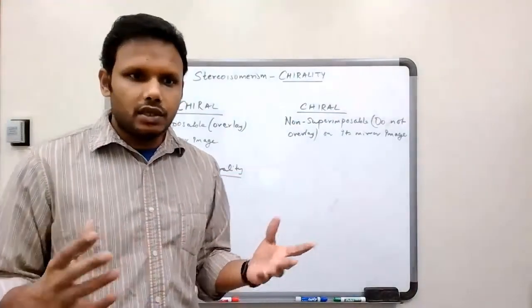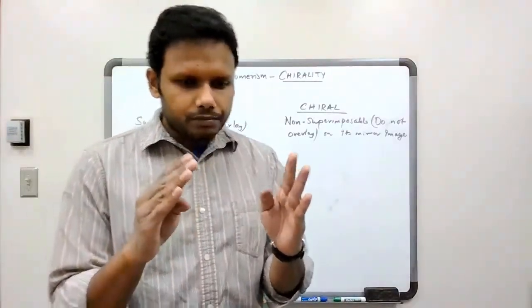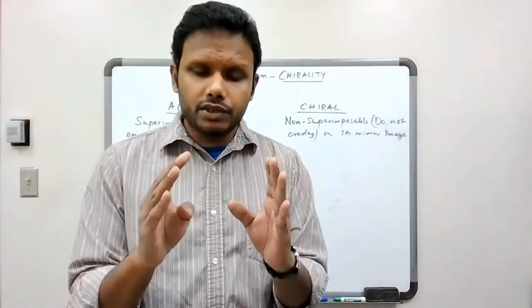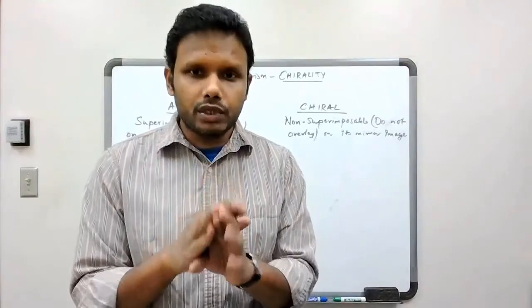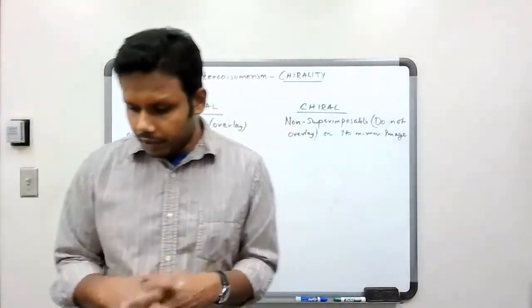And that is the easiest way to tell molecules apart. If there are two molecules that are mirror images of each other and they do not superimpose, then they will be chiral. And we'll look at some of these examples later.